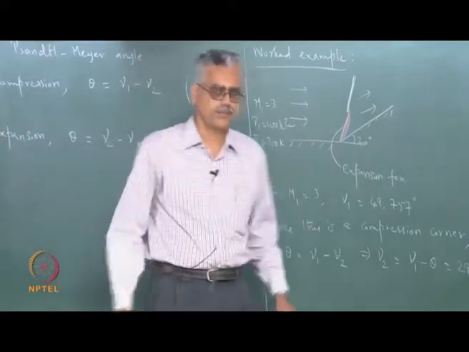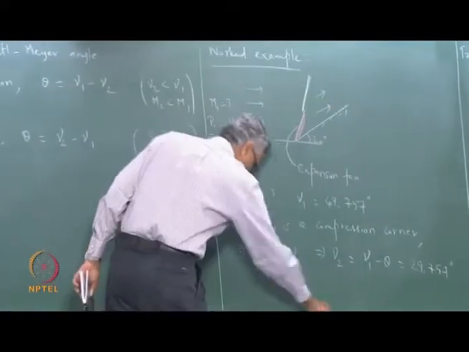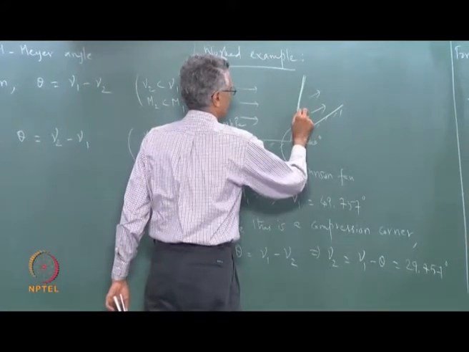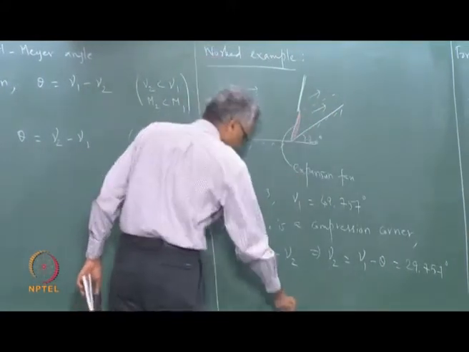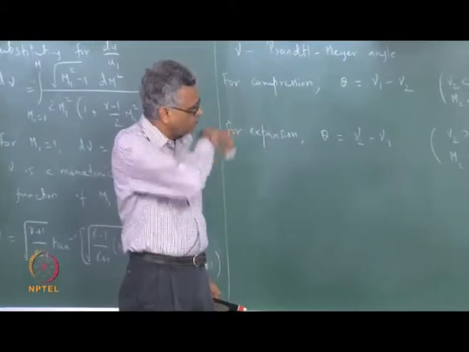And then there will be a slip line. No, definitely there will be a slip line across this, because the entropy here will be higher. So, there will be a slip line as we drew in the previous class. But about the slip line, pressure should be the same, but now the pressure above and below the slip line is different.